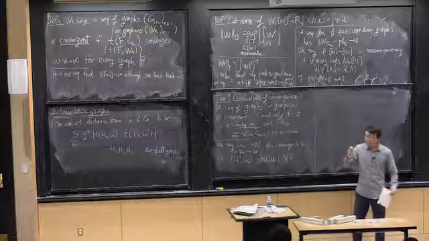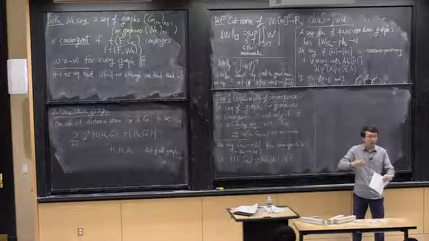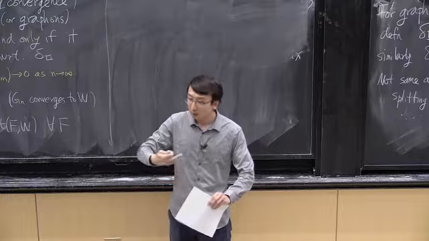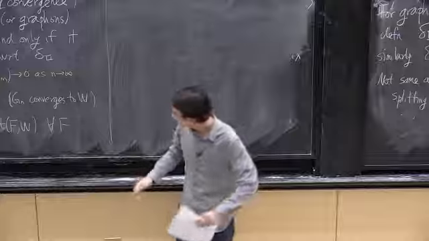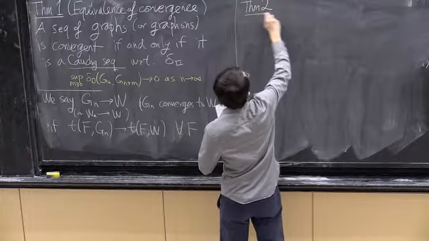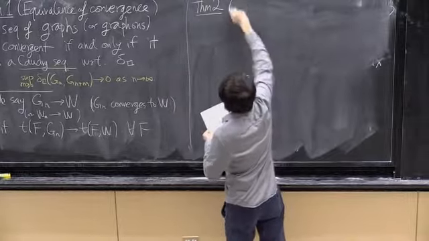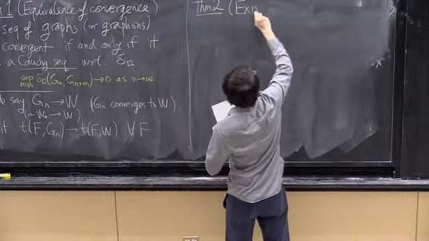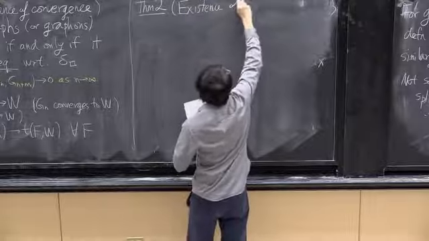And the question is, if you give me a convergent sequence, is there a limit? Right, so does it converge to some limit? And the answer is yes. And that's the second theorem, which tells us the existence of the limit object.